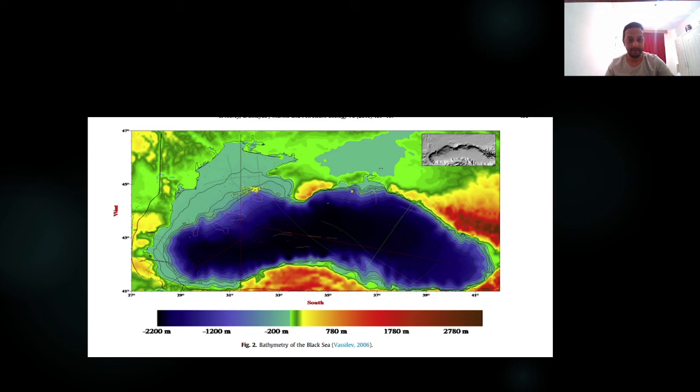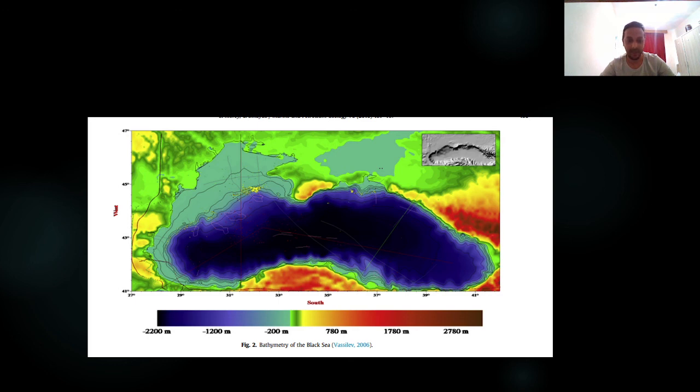As you see here, this is the map of the Black Sea. It shows the depth of the Black Sea. As you see here, the deepest areas start with blue or darkness, and then come up to the red color, the highest.